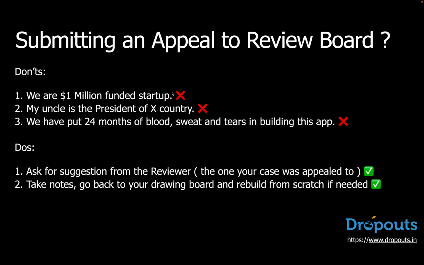And make sure that you take notes, go back to your drawing board and rebuild the app from scratch. That's the only way you can get your app approved and get out of this 4.3 spam guideline rejection. So that's it for now.